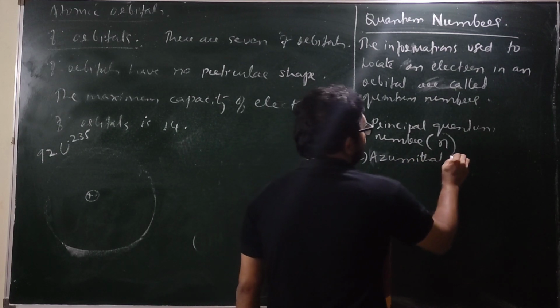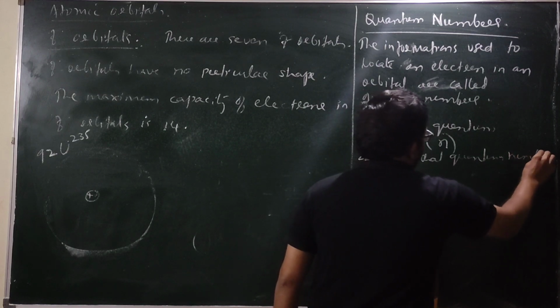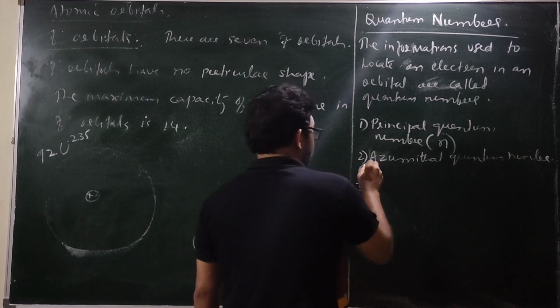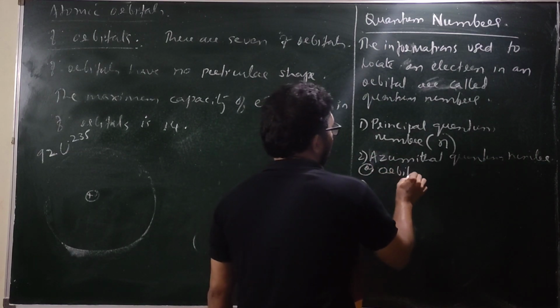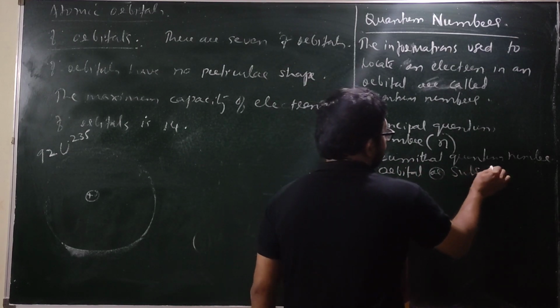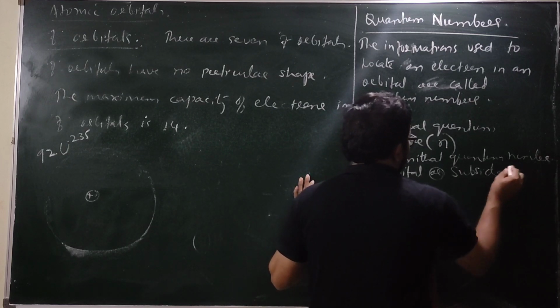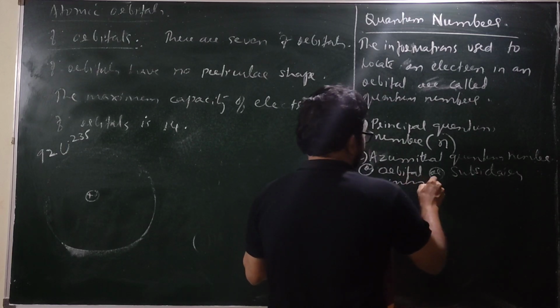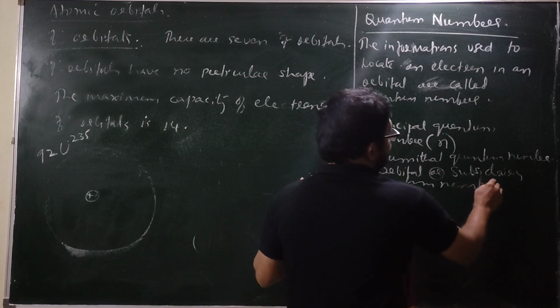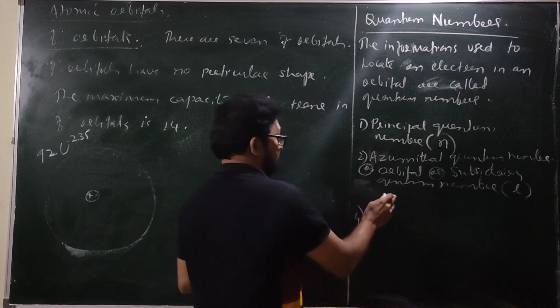Azimuthal quantum number, or orbital or subsidiary quantum number. L is the symbol.